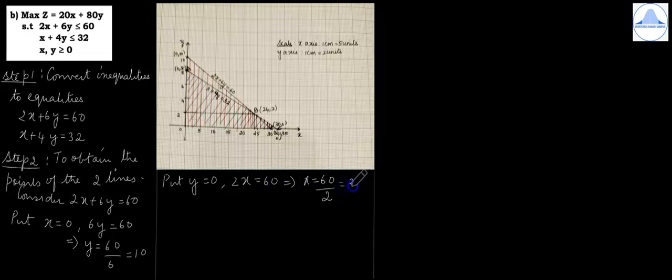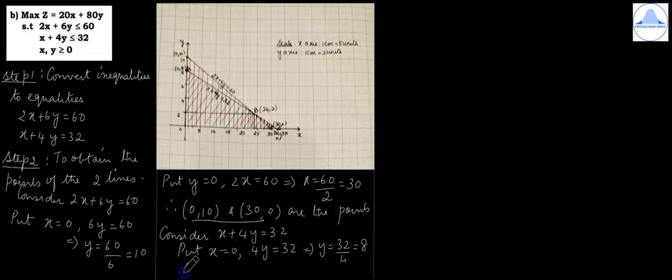So you'll get 6y equal to 60, which implies y is equal to 60 divided by 6, which is equal to 10. Next, put y equal to 0. So you'll get 2x equal to 60, which implies x is equal to 60 divided by 2, which is equal to 30. So therefore 0, 10 and 30, 0 are the points.